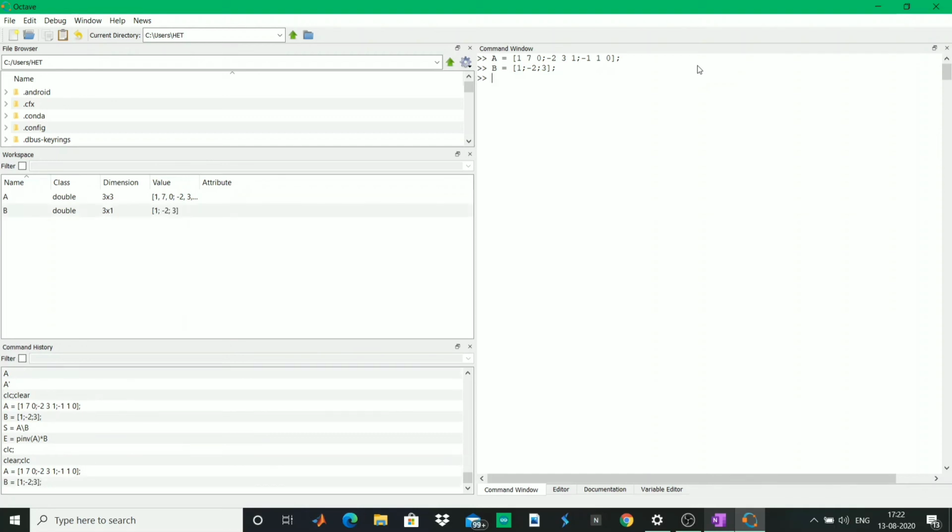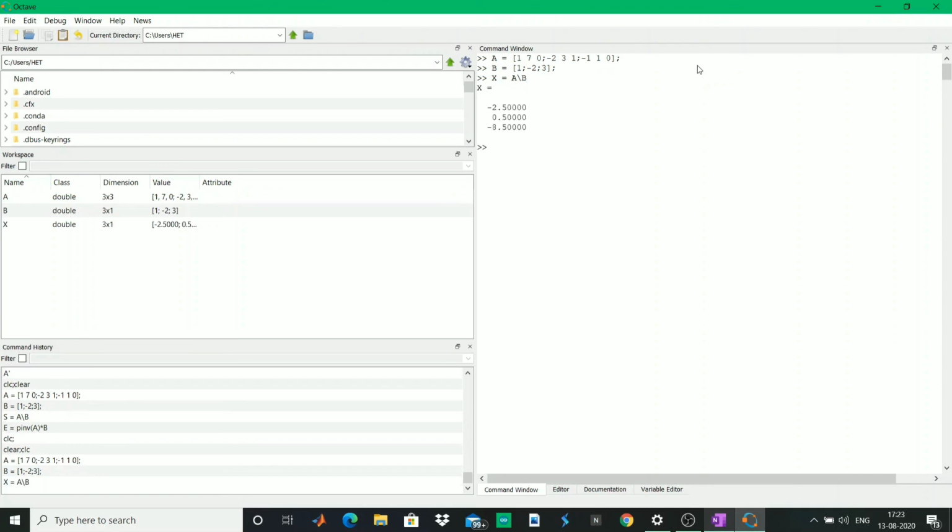On hitting enter, you will see that A and B are formed, and as I showed, we have a form of AX equal to B, and you have to solve for X. So we would use x equal to A left-hand division B and hit enter.